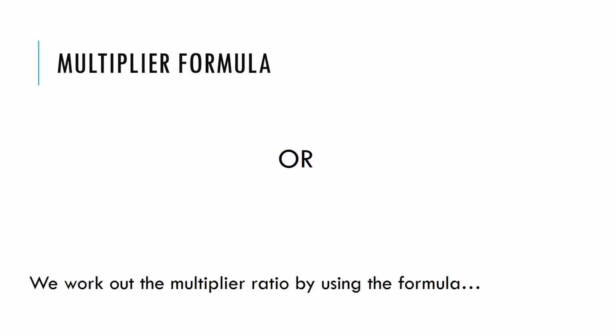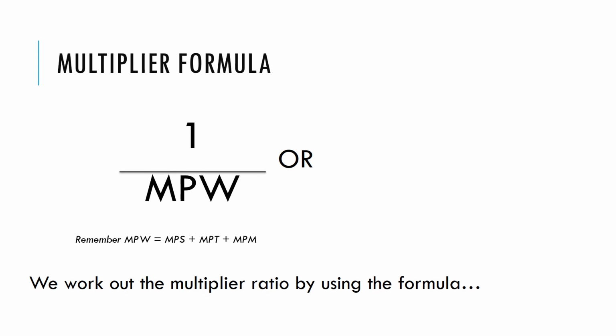So we can use these marginal propensity to consume percentages or figures to work out the multiplier ratio that we spoke about earlier. And there are 2 formulas we need to know. The first one is that the multiplier is 1 over the marginal propensity to withdraw. So 1 divided by the marginal propensity to withdraw will give us the multiplier ratio.